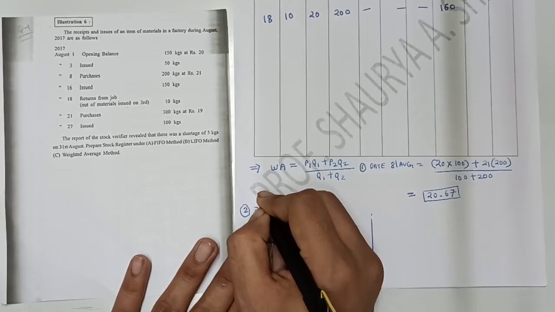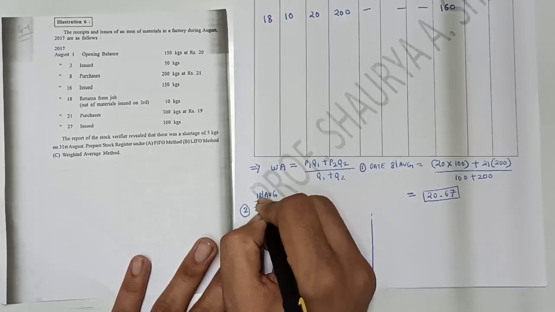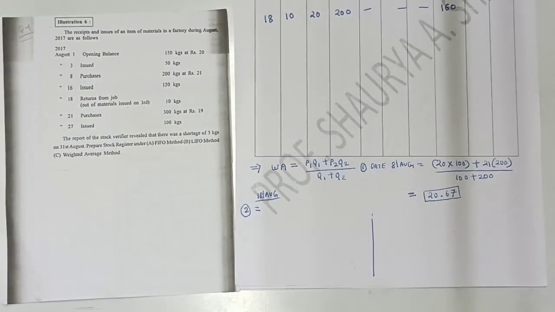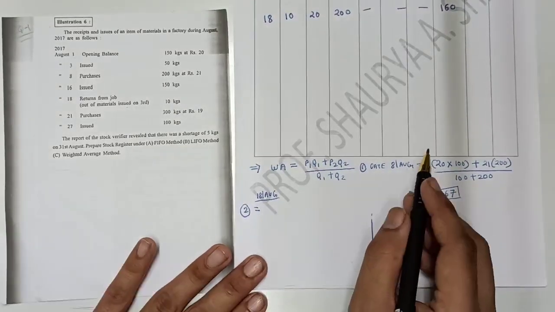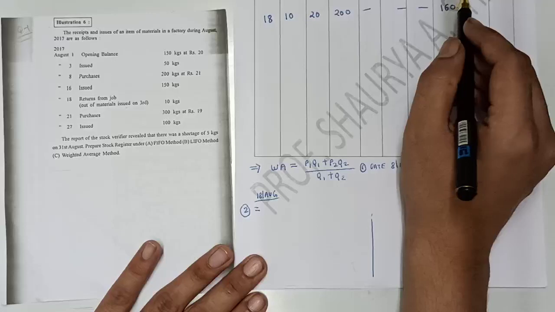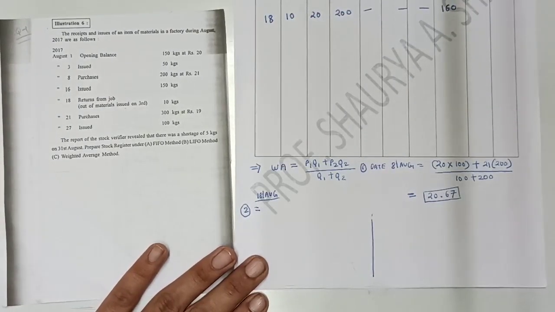So what is the date for our calculation? 18th August. You need to show the date also, students. You need to write down the formula also, right? So again P1 Q1. So here now my P1 becomes 20.67, Q1 becomes 150, right? P2 becomes my 20 and Q2 becomes 10. Is it clear to all of you?